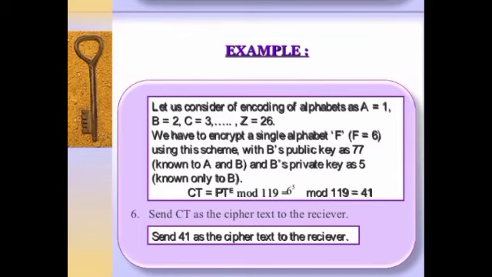We have to encrypt a single alphabet F, equal to 6, using this scheme with B's public key as 77, known to A, and B's private key is 5, known only to B. So CT is equal to PT to the power of E mod 119, which is 6 raised to the power of 5 mod 119, equal to 41. Then send CT as the ciphertext to the receiver. So send 41 as the ciphertext to the receiver.